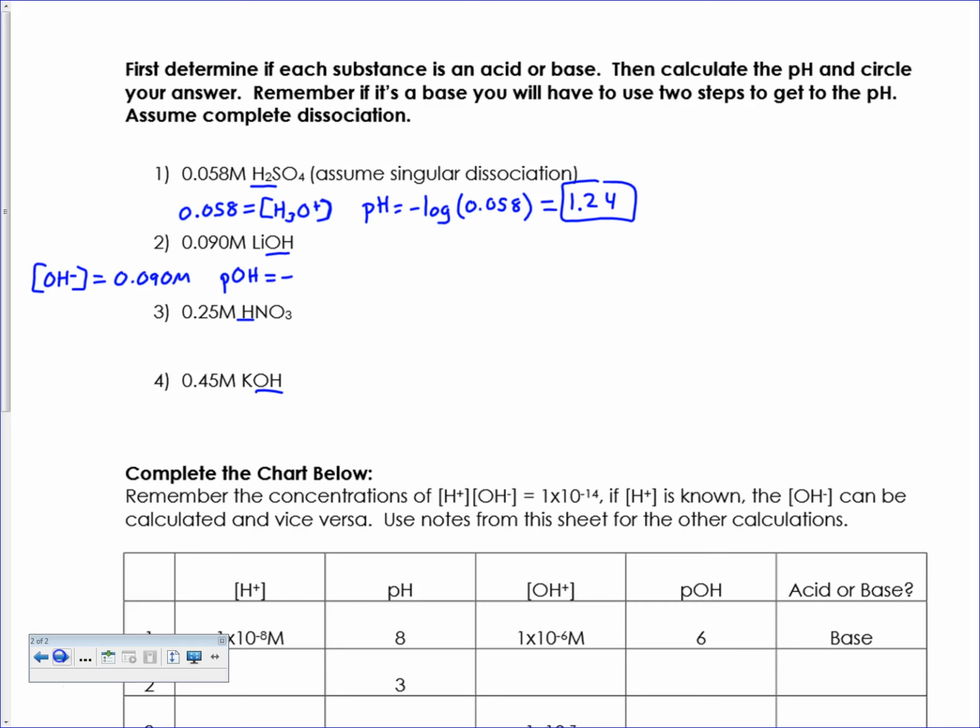That's going to equal the negative log of 0.090. All right, plug that in. You get 1.05. All right, and so that's our pOH, but we want pH. So we take 14 minus that, and we get pH equals 12.95.